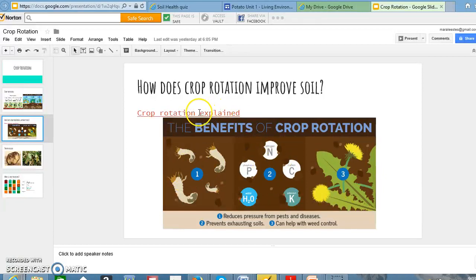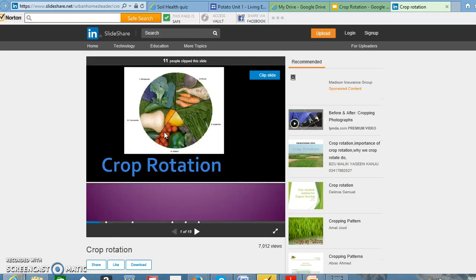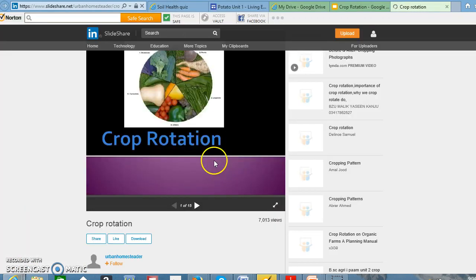Okay, so let's watch this slideshow that goes a little more into depth as to what crop rotation is and why it's important. So this is an already pre-made slideshow that I found on the internet, and I am just going to explain it a little bit to you, going through each image.